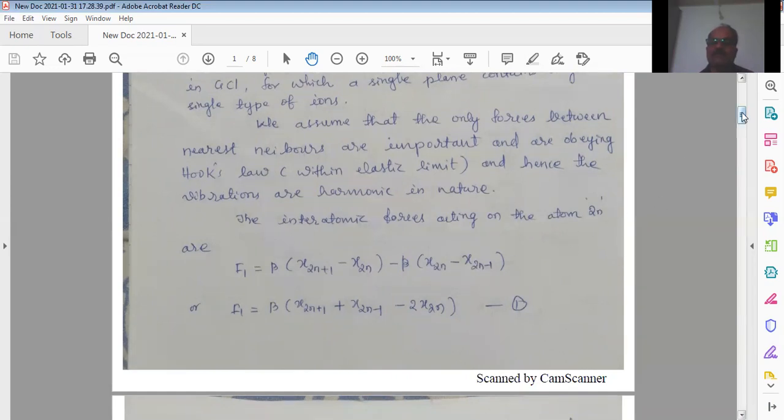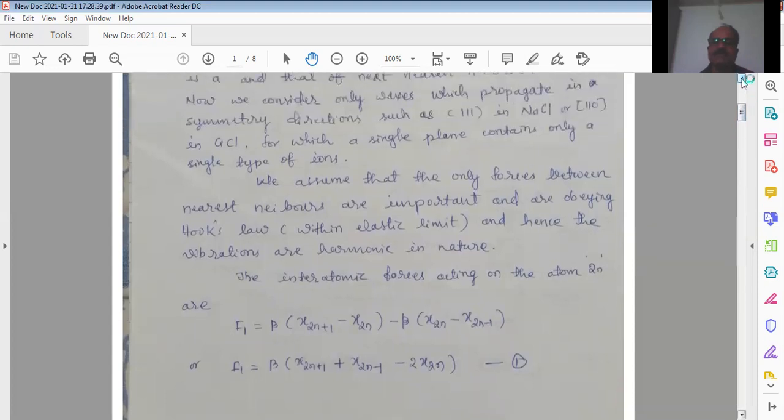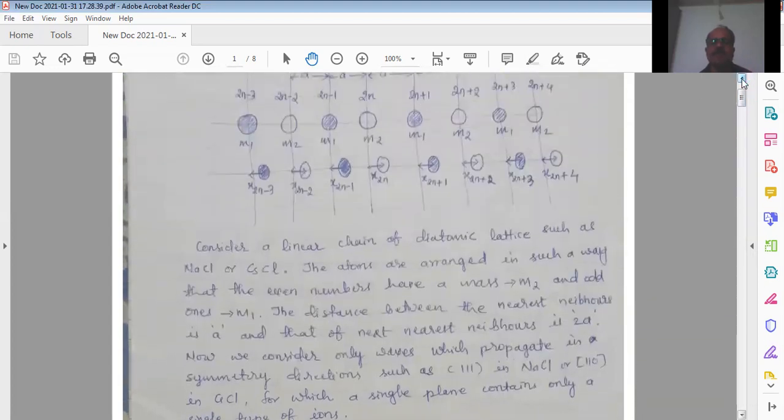How is this equation written? It is written simply based on Hooke's law, F is equal to minus kx, where F is the force, k is the force constant and x is the displacement. The negative sign indicates that the force is opposite to the displacement. Based on that, the equation is written.